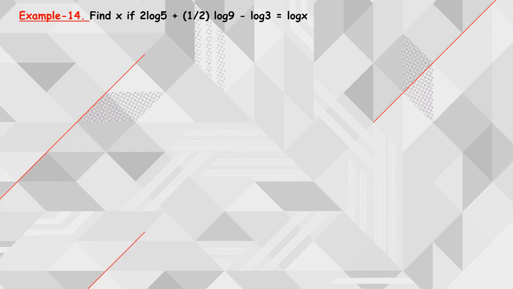Next, moving on to one more question, example number 14. Find the value of x if 2 log 5 plus half into log 9 minus log 3 is equal to log x. So clearly, 2 times log 5 plus half times log 9 minus logarithm of 3 is equal to logarithm of x.